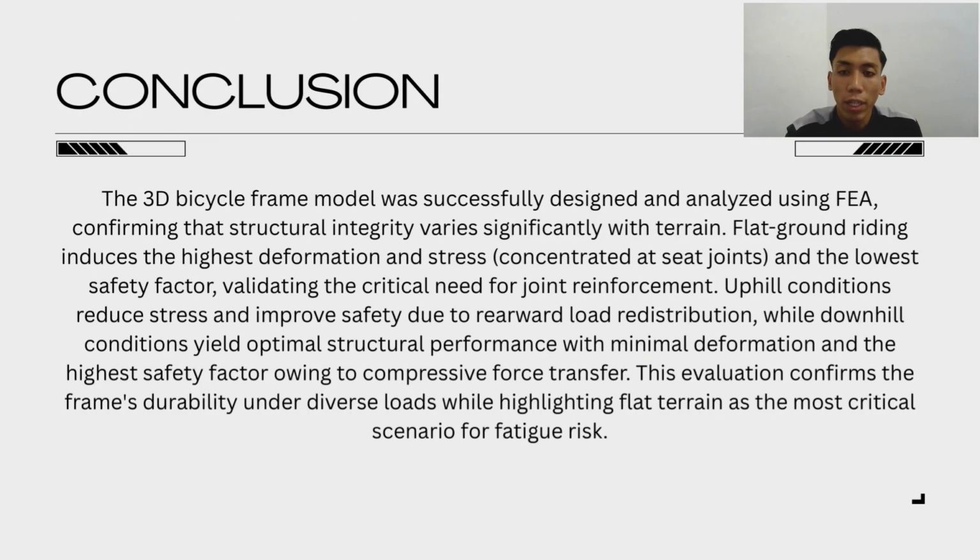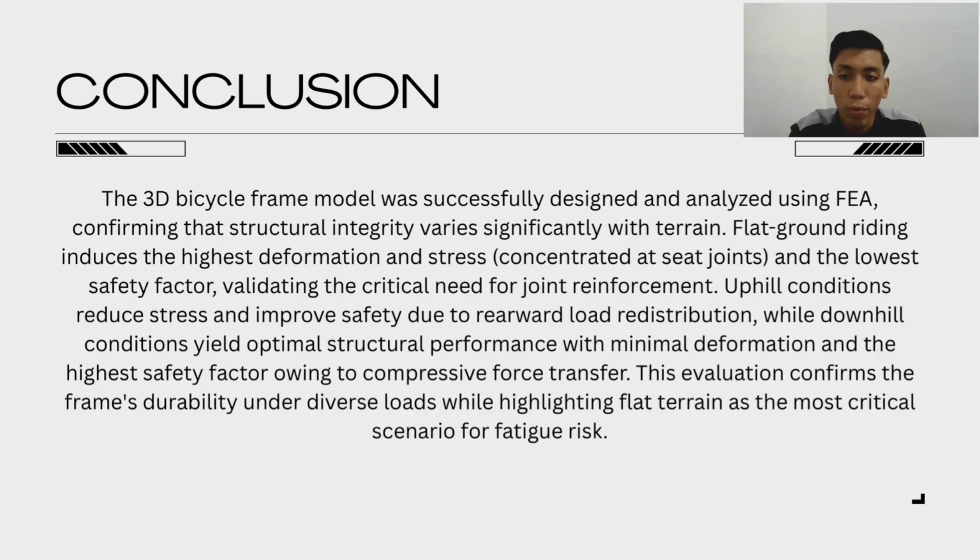In conclusion, the FEA analysis confirmed that the bicycle frame's performance was highly terrain dependent. Flat ground riding posed the greatest challenge with peak deformation, stress, and the lowest safety factor, necessitating targeted reinforcement at seat joints.